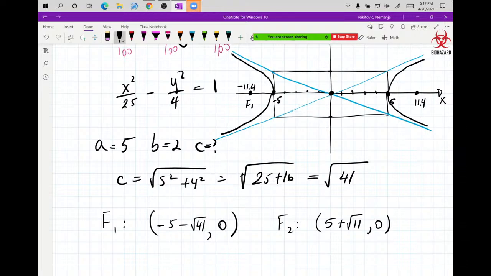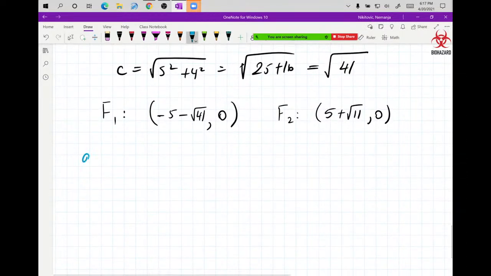And if you want to, you can find the equations of the asymptotes. I believe that a couple of your homework problems will have you compute the value of these asymptotes. And actually, let's do it here because we can, and then move to the next problem.